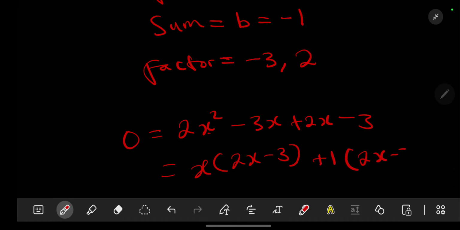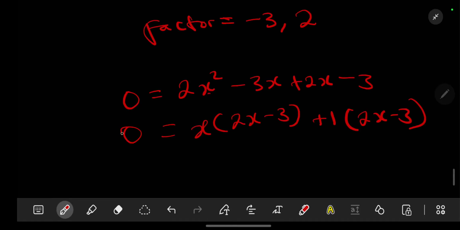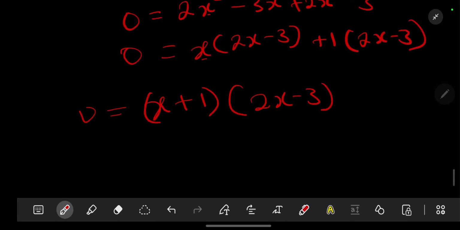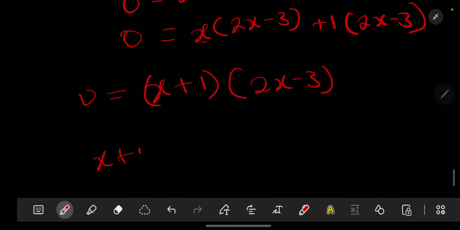Then we have 2x minus 3, like that. We have 0. So we are going to say x plus 1. So 0 should be equal to x plus 1 by our 2x minus 3, like that. So that means x plus 1 is equal to 0, or our 2x minus 3 is equal to 0.